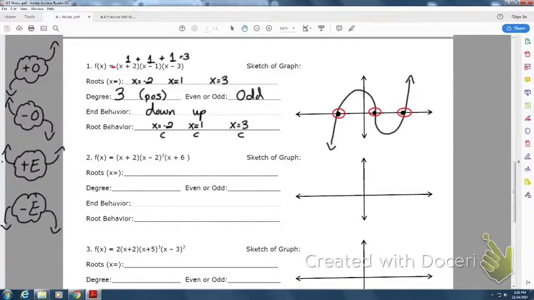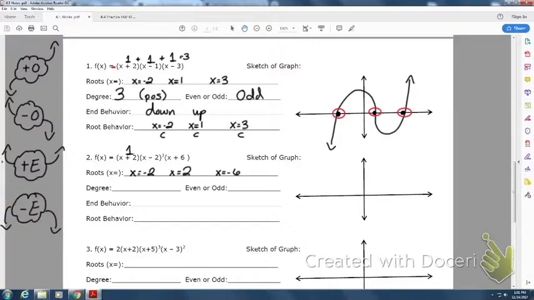Ashlyn, what would my roots be? X equals -2, x equals +2, and x equals -6. Fabulous. Alberto, what is the degree of just that first factor, the x plus 2? 1.